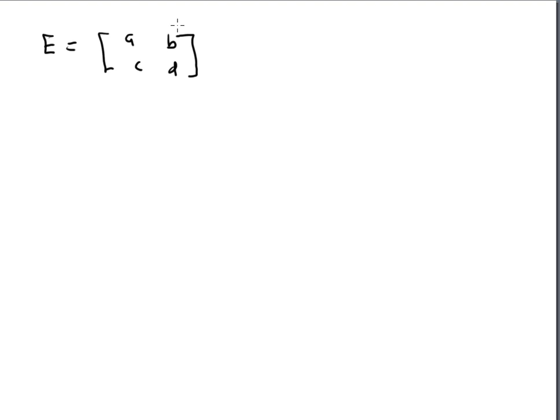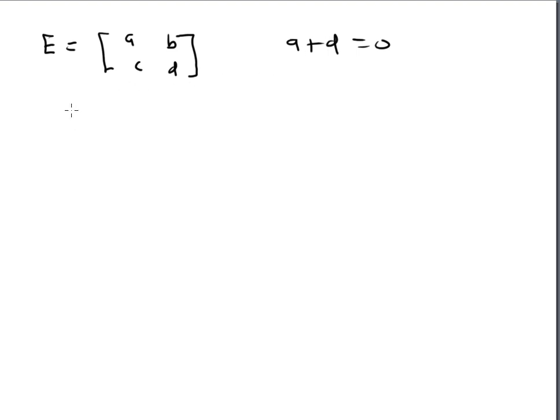What did we say the trace is? The trace is the sum of the entries of the major diagonal. So the trace of E is equal to A plus D, and the question says the trace of E is 0. So this is the first equation.